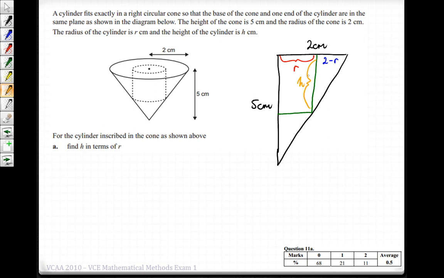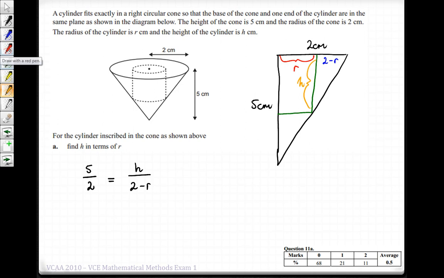So the similar triangle that we can set up is 5 to 2 is in a ratio with h and 2 minus r. Again, we've got to look at where the similar angle is.